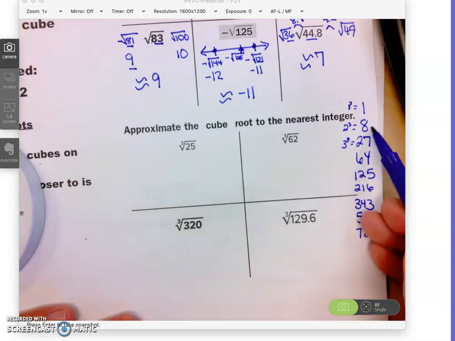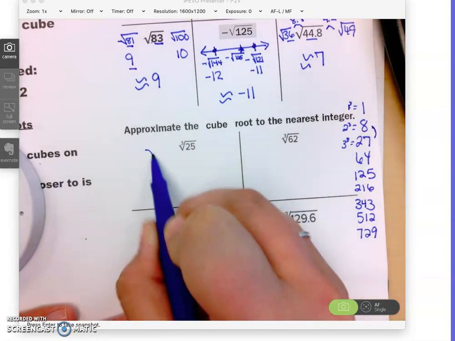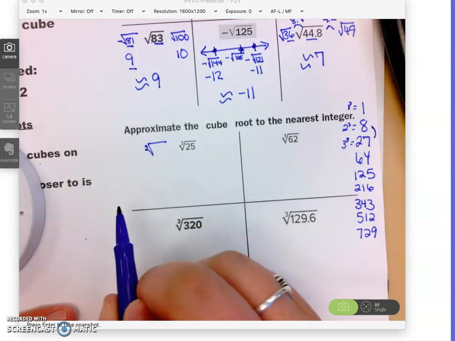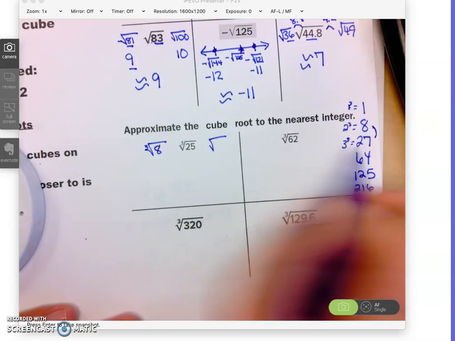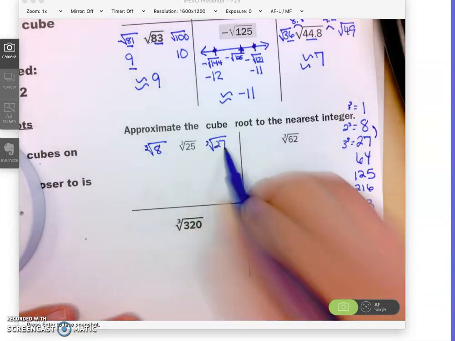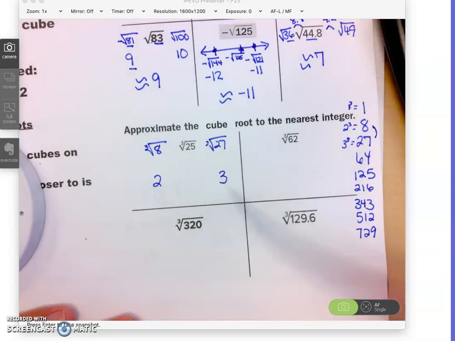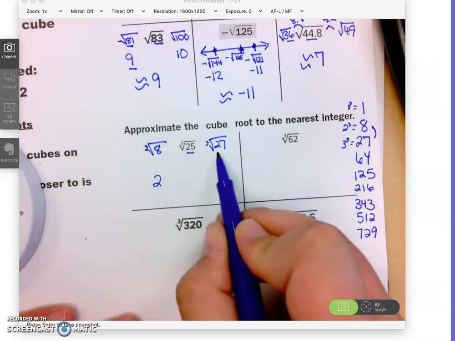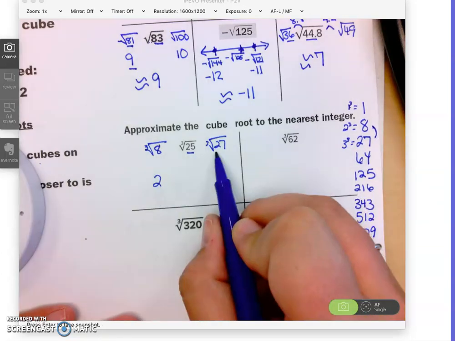Okay, so the cube root of 25. Think about here, where does 25 lay? It will go right in between those two numbers. So it's going to be the cube root, 3 goes there, remember your index, of 8, and the cube root of 27. This equals 2, and this equals 3. So is 25 closer to 27 or 8? It's closer to 27.